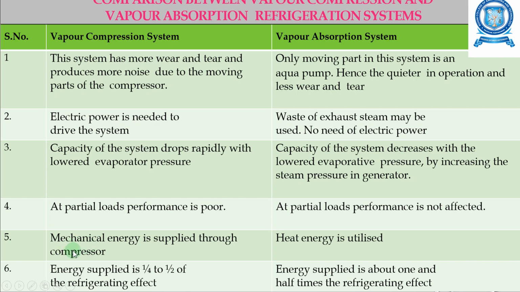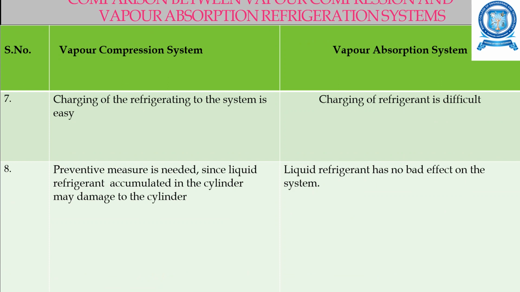In the vapor compression system, mechanical energy is supplied through the compressor, whereas in the vapor absorption system, heat energy is used. In the vapor compression system, the energy supplied is 1/4 to 1/2 of the refrigerating effect, and in the vapor absorption system, the energy supplied is about 1.5 times the refrigeration effect.